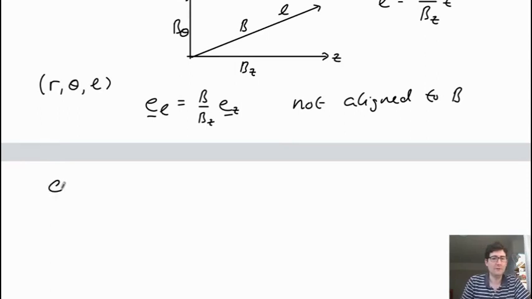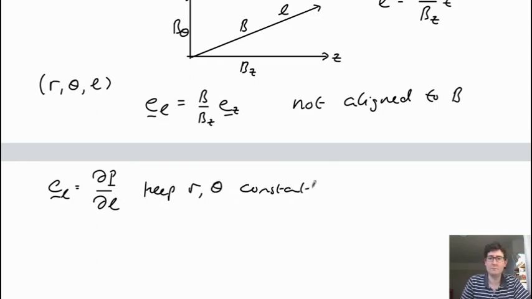E_L is just the rate of change of position with L, so keep R and theta constant. Therefore we need to find different coordinates where we have a different angle here. Because at the moment in the current coordinate system, R is constant along the field line, so we're moving along a surface, but theta is not constant.